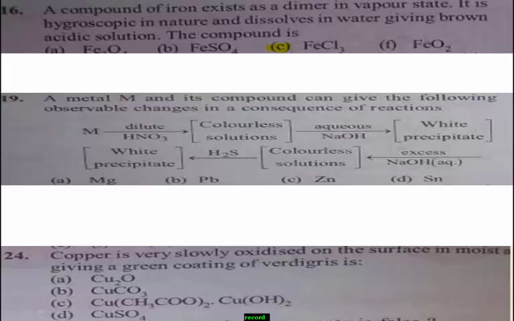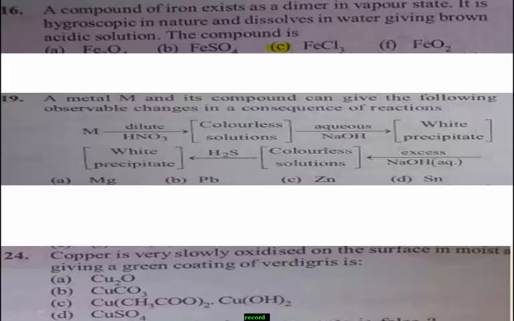Yes students, when you observe the given reactions clearly, zinc reacts with dilute nitric acid to form zinc nitrate.